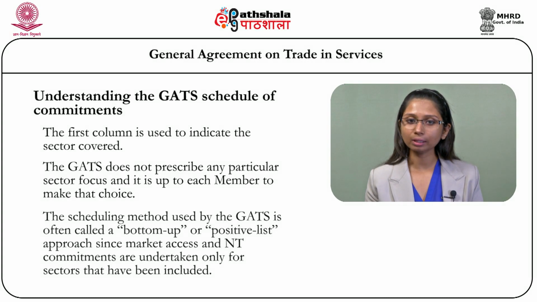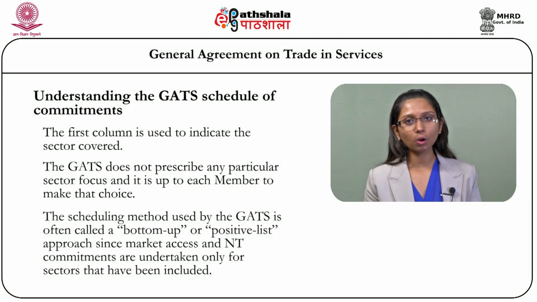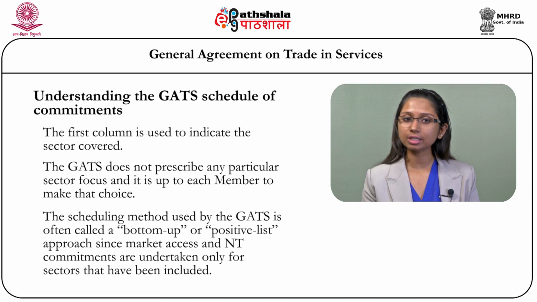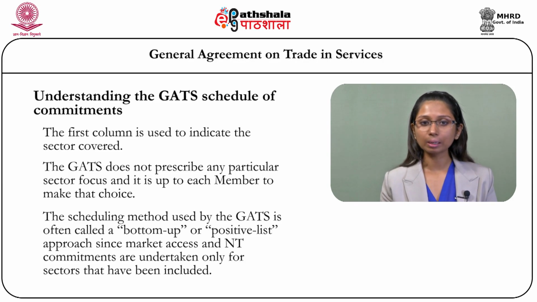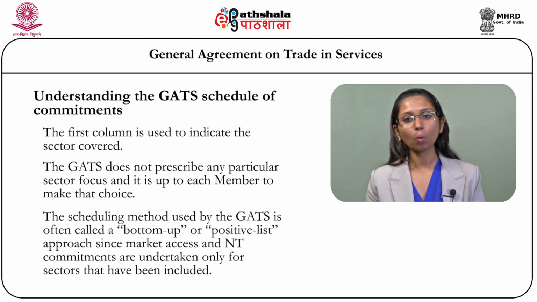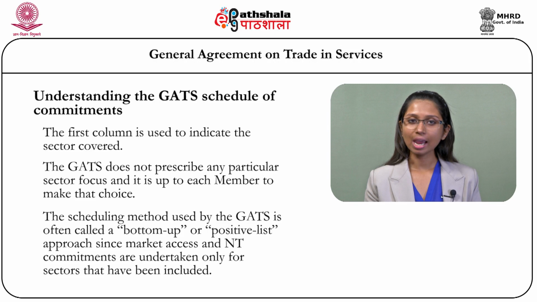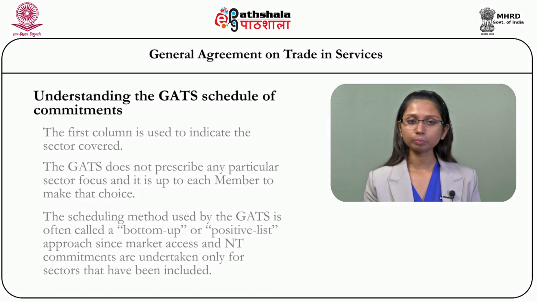Now, the scheduling method used by GATS is often called a bottom-up or a positive list approach, since market access and national treatment commitments are undertaken only for sectors that have been included in the list and not for the ones that do not find a place in the list.